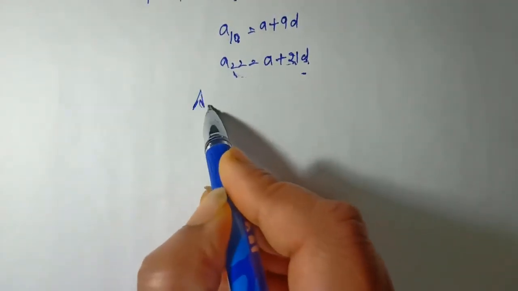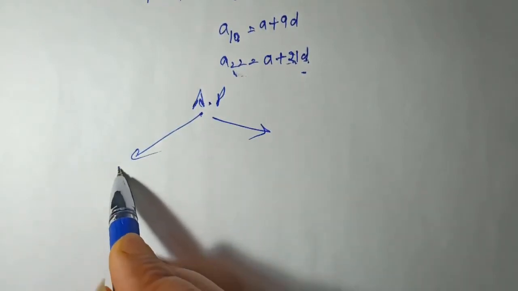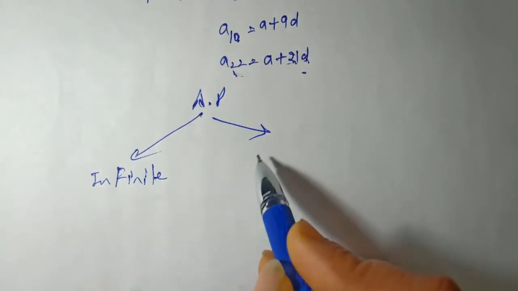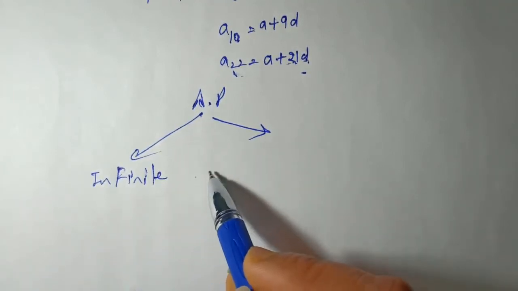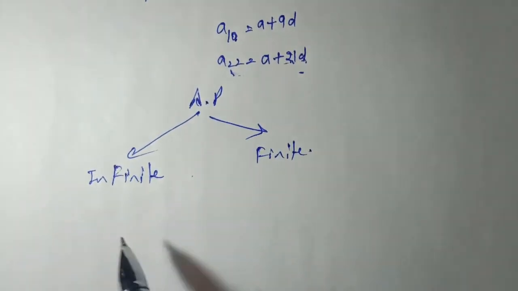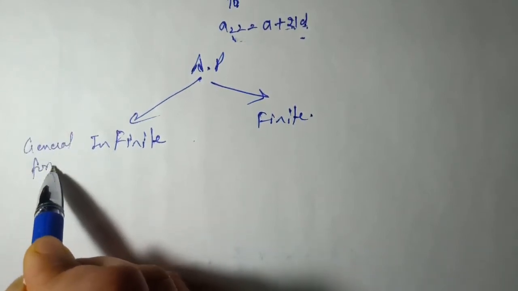Now AP is again of two types. One is infinite. Infinite means whose last term is unknown, and another is finite. So if we have to express the general form of both, how can it be?